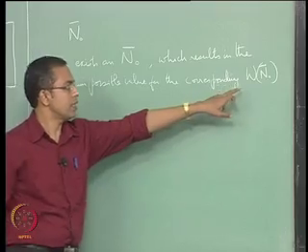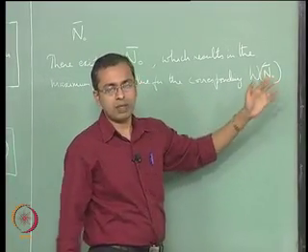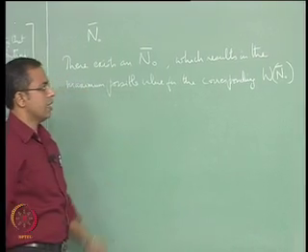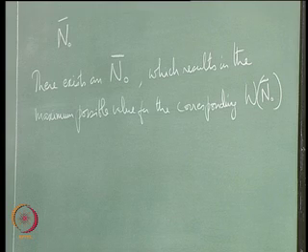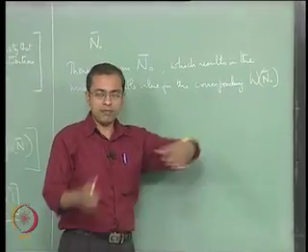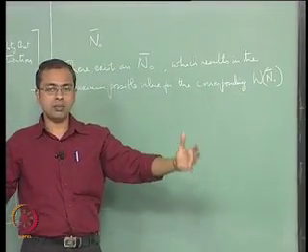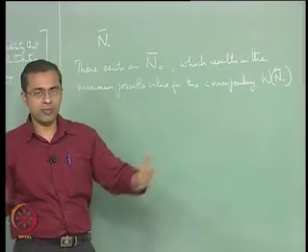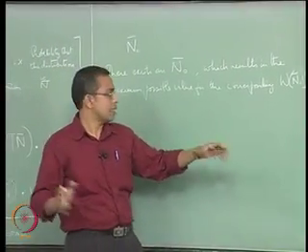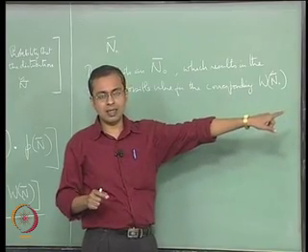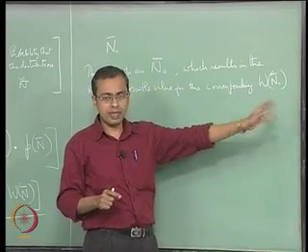Capital omega n bar naught, or capital W n bar naught if you want to call it. We are essentially saying that there is a particular distribution where, if you figure out the number of ways in which that distribution can be arrived at, that value will be a huge number relative to even the very next distribution.